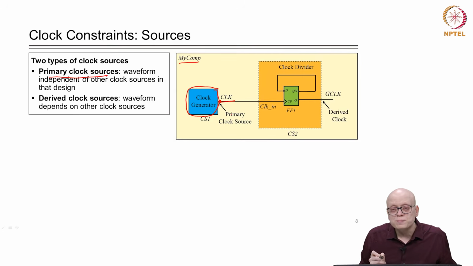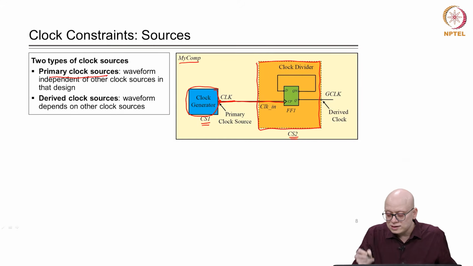Now, this signal is going to another clock generator. The first clock generator we call CS1, and the other clock generator we are calling CS2. This module is known as CS2.